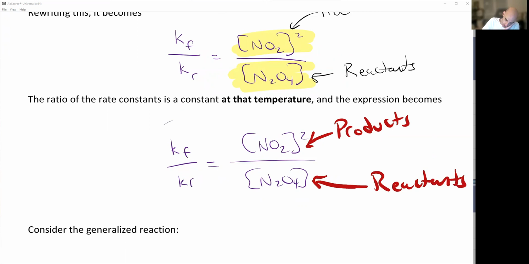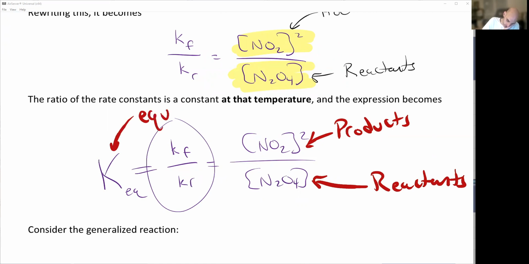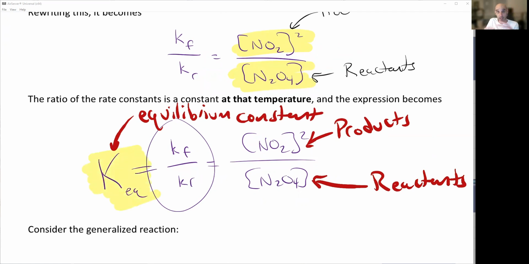And this little Kf over Kr term actually becomes capital K EQ, which is what we know as the equilibrium constant. So that's the takeaway. KEQ, the equilibrium constant, capital K, which is a combination of the forward over the reverse reaction, is equal to products over reactants. That's it. That's the end of the story.